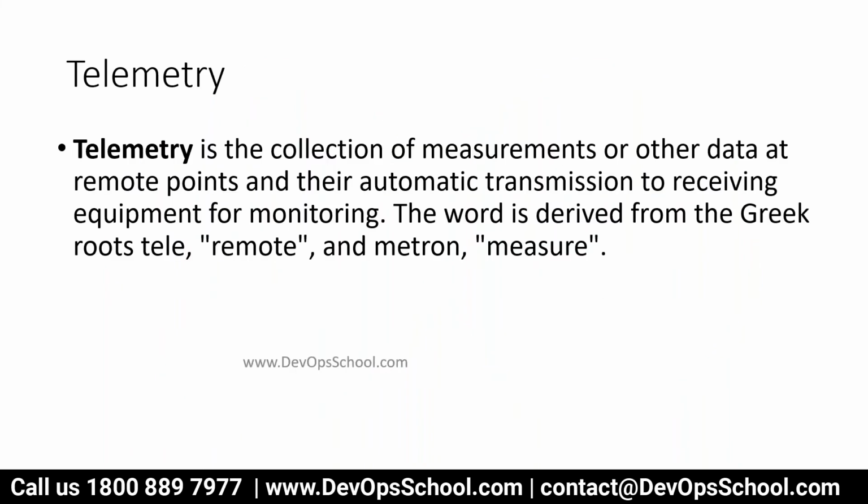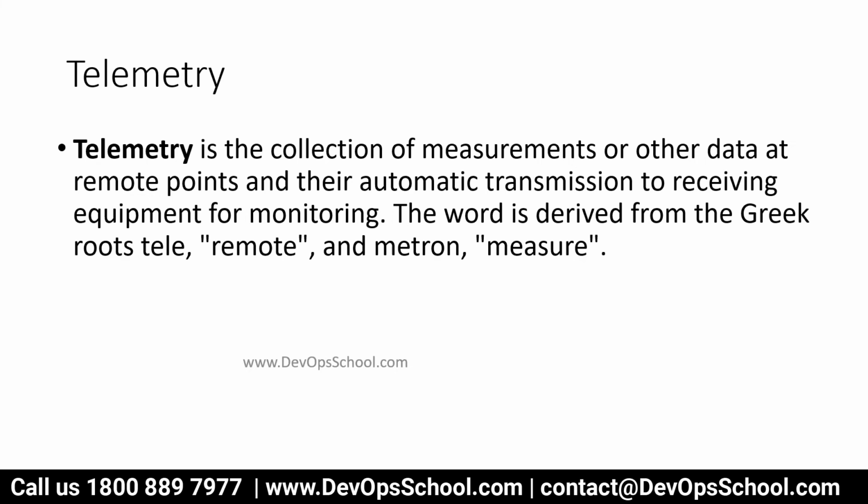Now the question is, how do we set up observability? There is one keyword, which we call telemetry. Telemetry is the collection of measurements or other data at a remote point and their automatic transmission to receiving equipment for monitoring.